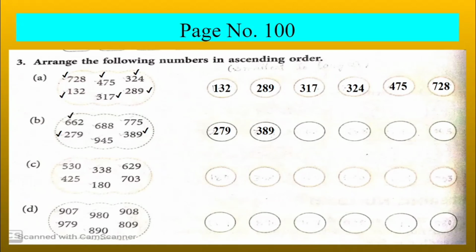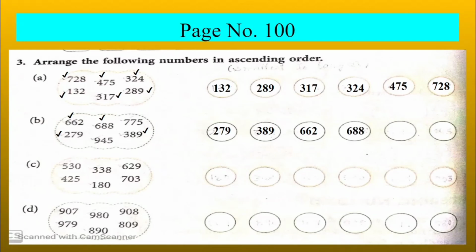Yes, 662. So we will write 662 after 389. Now we are left with the last 3 numbers. So which among the 3 is the smallest? Yes, 688. Now we will write 688 after 662.